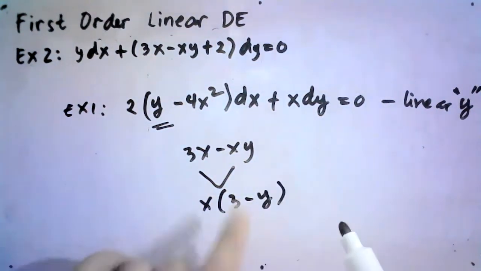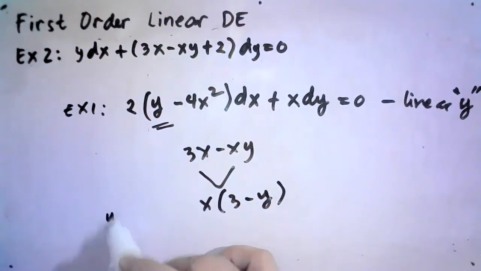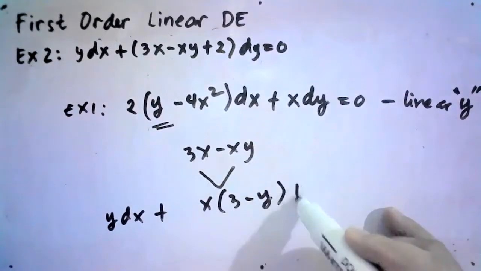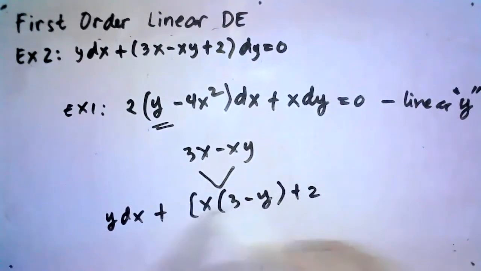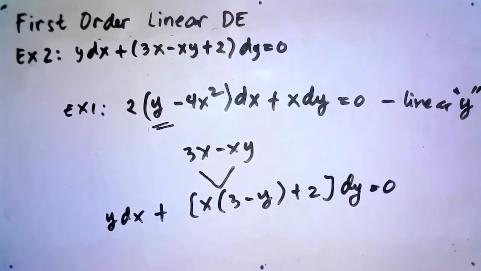If we write this part as x times (3 minus y), that means we only have one x. We have y dx for this part, plus 2 dy is equal to 0. So if you have noticed, we only have one x for this problem.